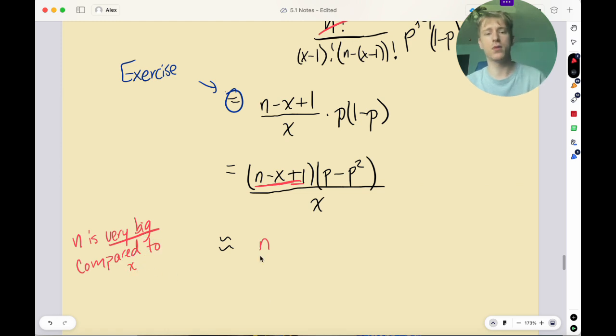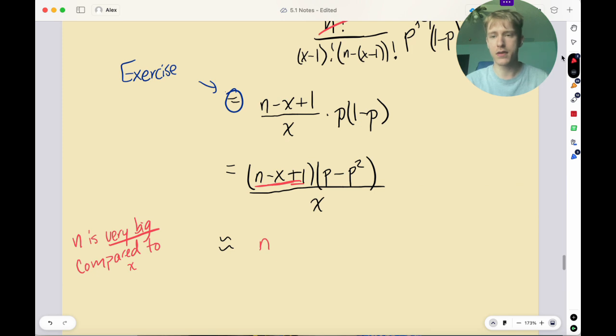For example, if you're flipping 10,000 coins and you want the probability of getting, say, 150 heads, well, 150 is nothing compared to 10,000. It's roughly much less than, say, 5%. So you can make that approximation there.